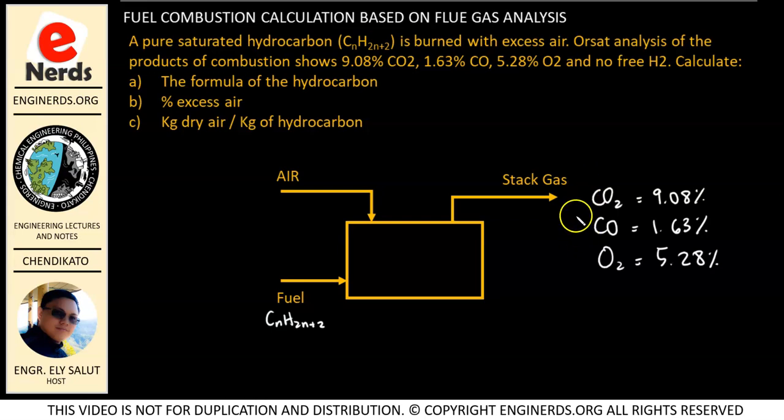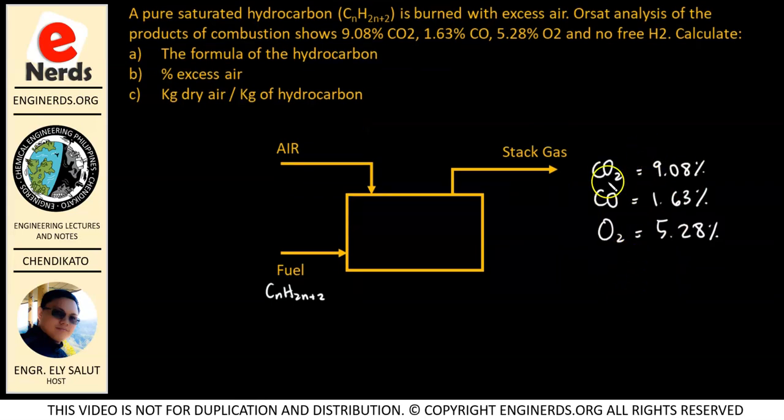And as we know, when we have the presence of carbon monoxide, that means we have an incomplete combustion in our system. And since this is an Orsat analysis, we don't have water here. So based on this composition, we know that the remaining percentage will be nitrogen.